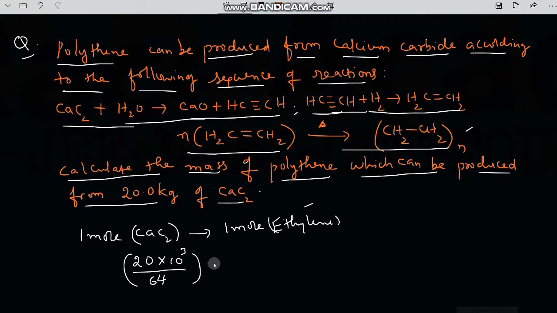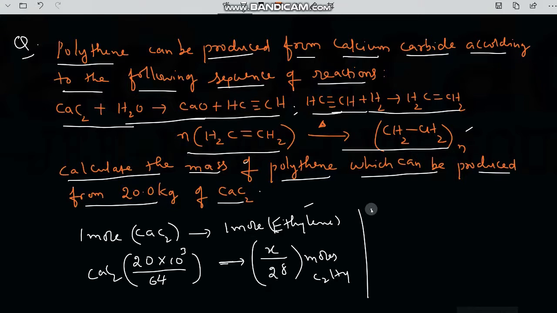So 20 by 64 is the moles of calcium carbide, which is giving, we don't know how many moles of polythene, x, by ethylene. Ethylene molar mass is 28.